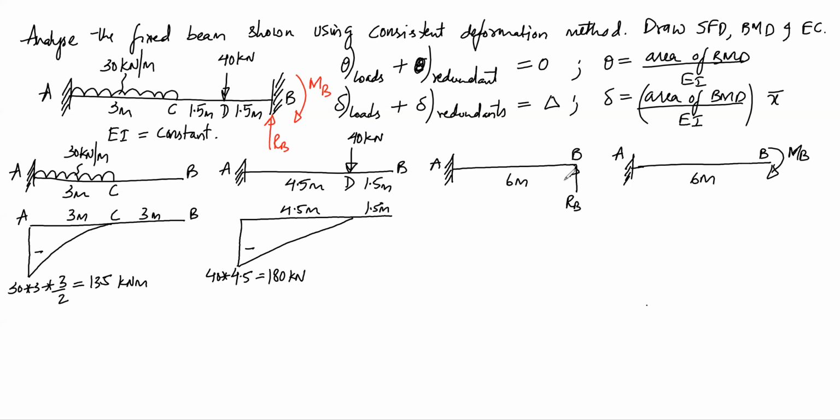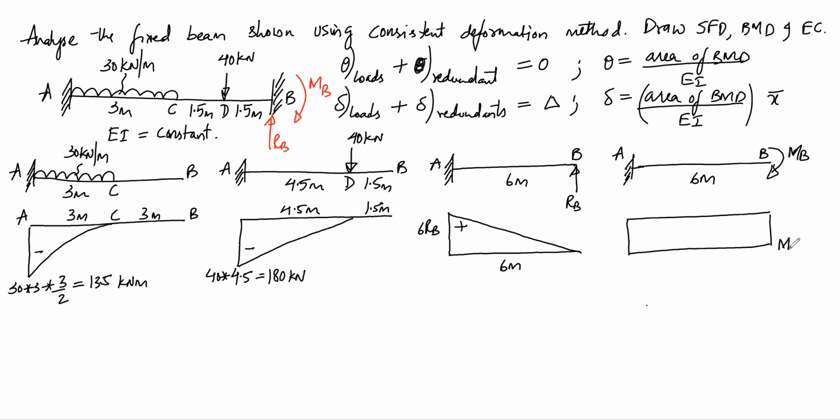And cantilever with RB, we get a sagging BMD with triangular variation, and the moment here will be 6 times RB, and this is 6 meters. This will be sagging. And for cantilever with moment MB, it causes a hogging BMD with triangular variation. So this will be MB, which is hogging.